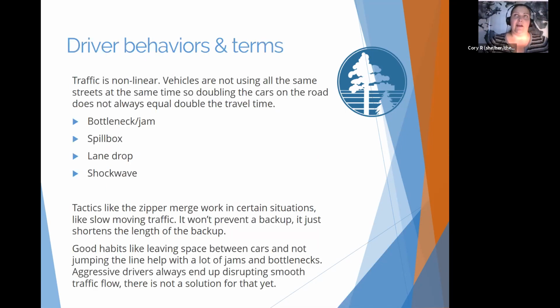So when talking about traffic, it's really non-linear, right? Even though we like to think that if we double the number of cars, that means we're going to double the amount of time. If we halve the number of cars on the road, we're going to halve the time.